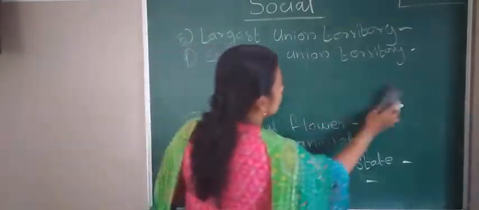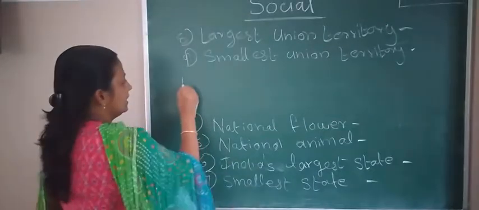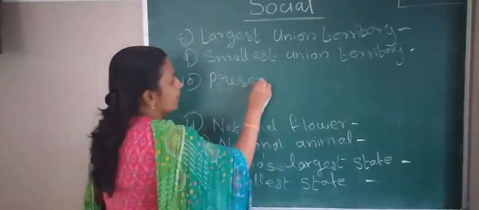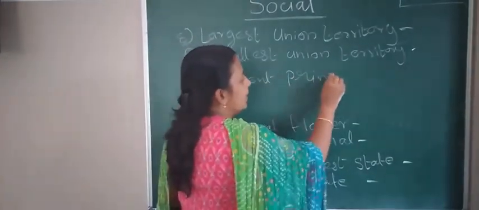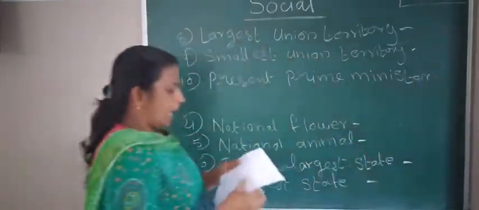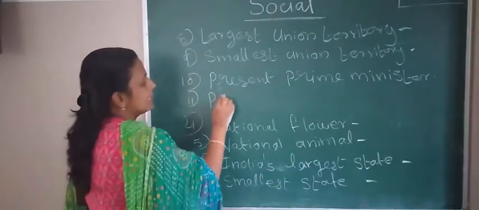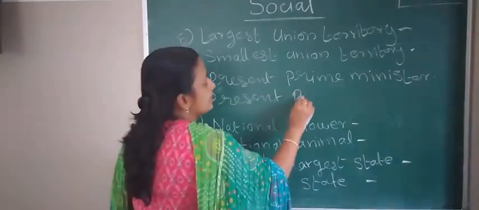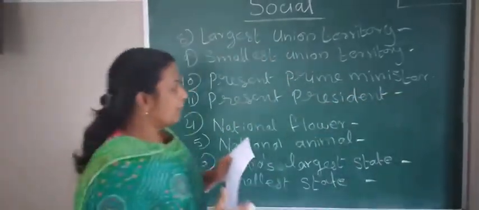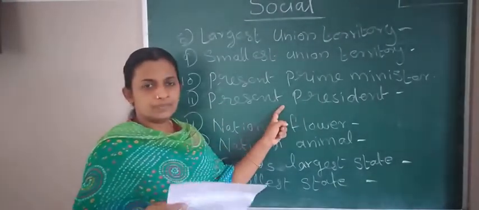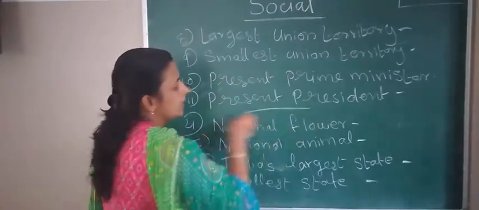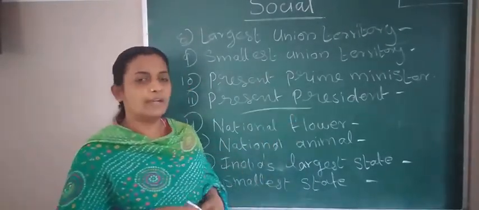Then tenth one, present prime minister. Eleventh one, present president. Present prime minister, present president. Okay. Then all these details you have to collect on behalf of our country.